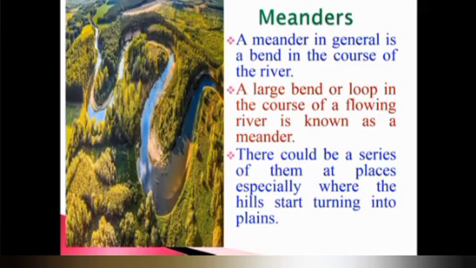A large bend or loop in the course of a flowing river is known as a meander. There could be a series of them at places, especially where the hills start turning into plains. Students, here we can see the picture of meander.